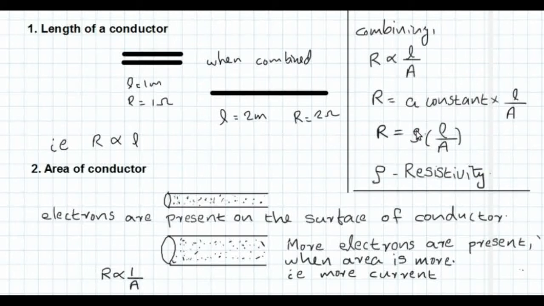This is the Greek letter rho, and it represents the resistivity of the material. So R is equal to rho into L by A. This is how the resistance depends on the length and the area of the conductor. When you increase the length, resistance will increase, and when we increase the area, the resistance will decrease.